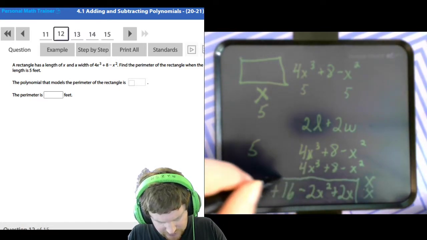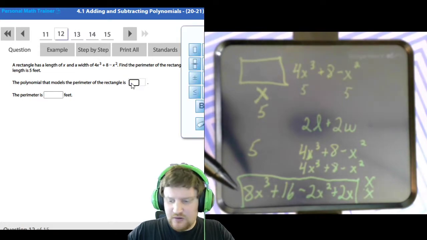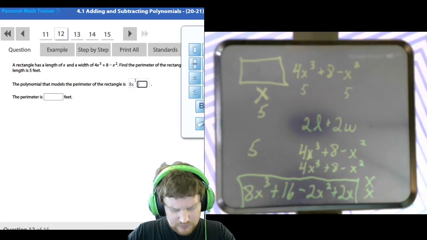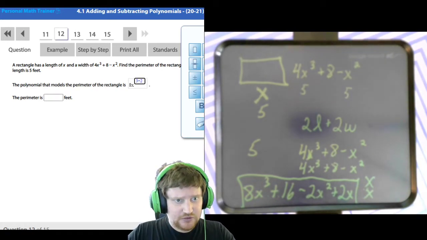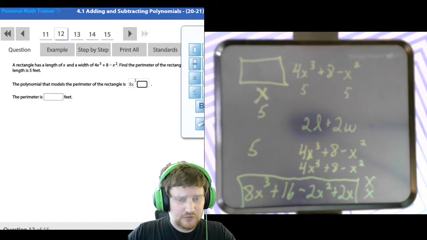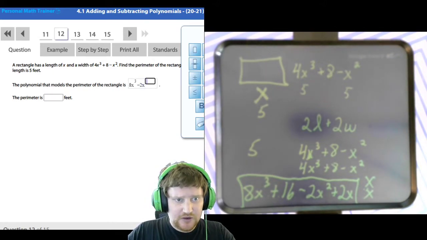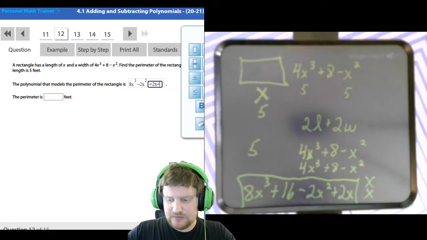Now don't forget we do need to write this in standard form. So we're going to have our 8x to the third power, minus 2x squared plus 2x plus 16.